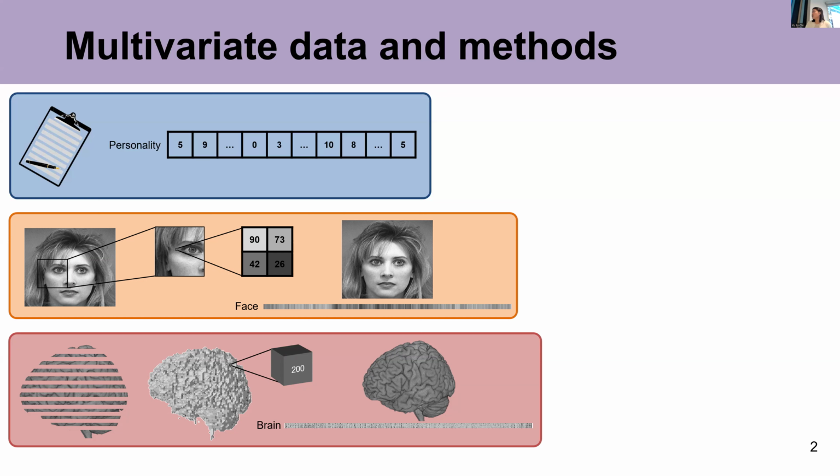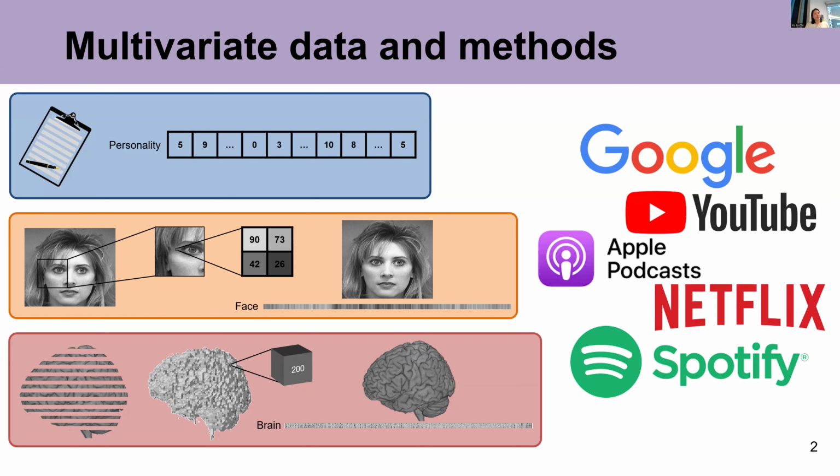It's also something that you use every day. If you've been on Google, Spotify, YouTube, that's how they extract the recommended list for you based on your history. They're trying to extract the most relevant information for you.